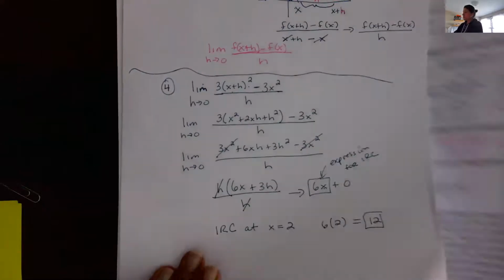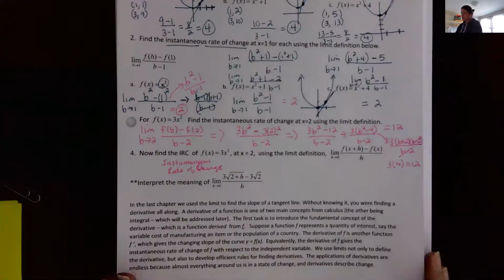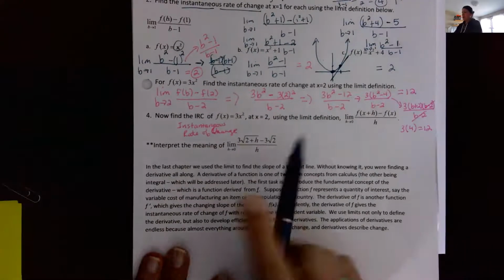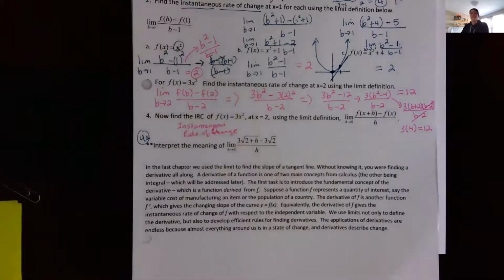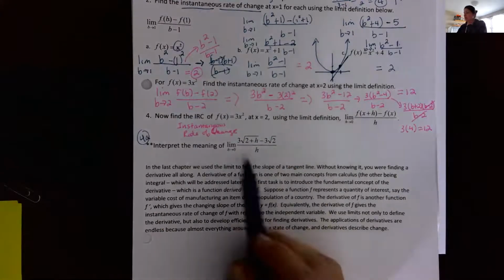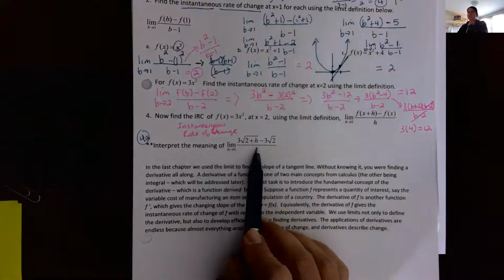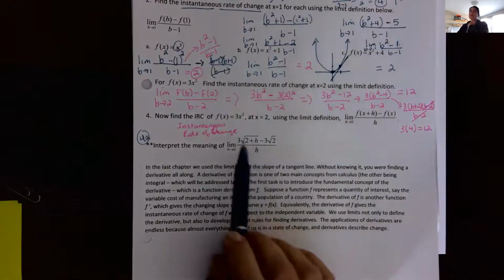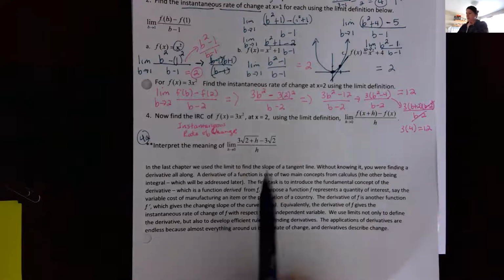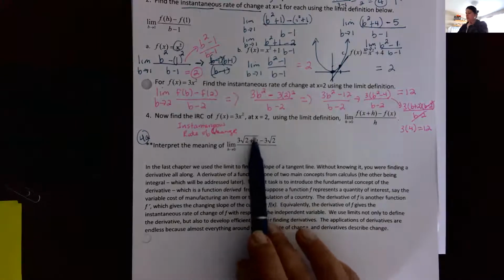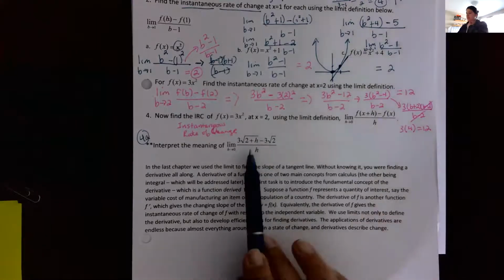So if we look at question, I'll say 4a, because I don't have it labeled. Let's think of that as 4a. Just interpret the meaning of this question. Combine 3 and 4. Okay, you see that h in there from this, right?